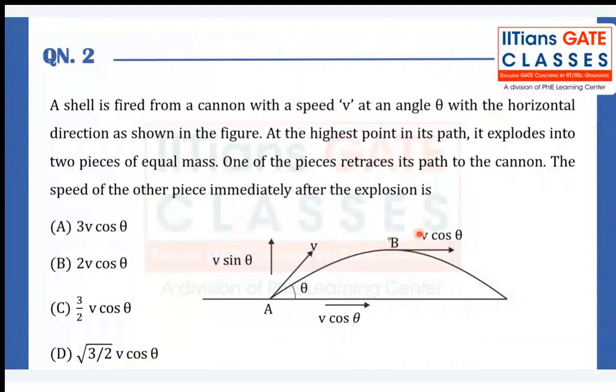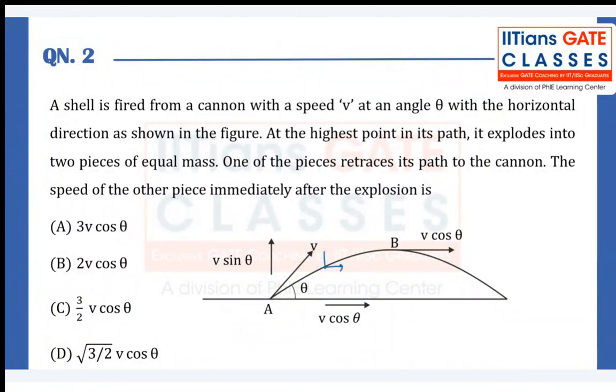The component of the velocity is in the horizontal direction only, because as we go up and up, the component of the velocity in the upward direction reduces and becomes 0 at the point where it reaches the maximum height, and then the vertical velocity component increases again, however in the opposite direction.